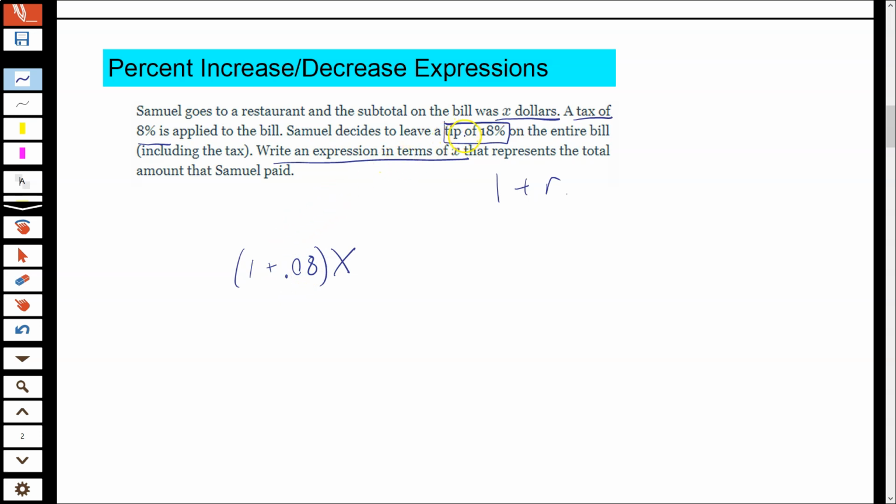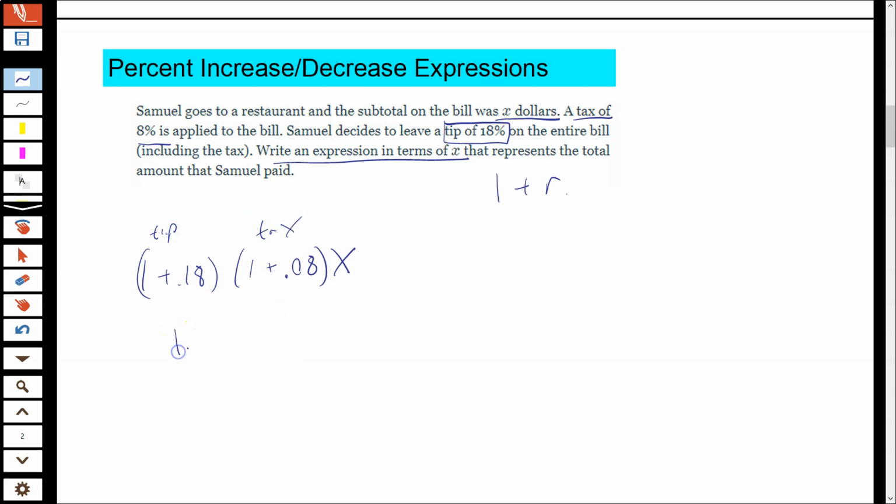And then the tip also increases the bill, right? So in that case, 1 plus 0.18. Okay. So here's my tip, here's my tax.